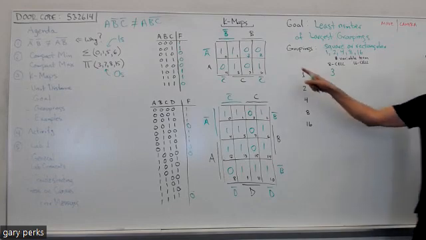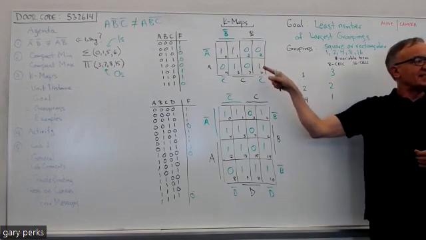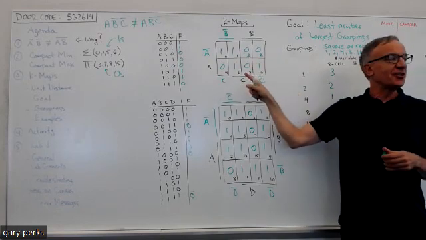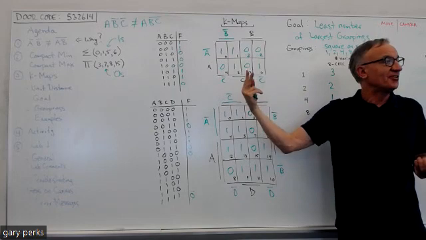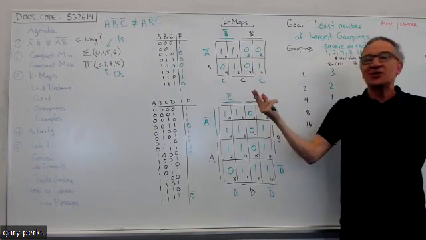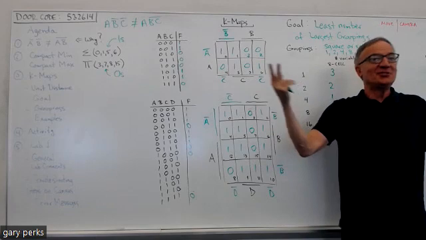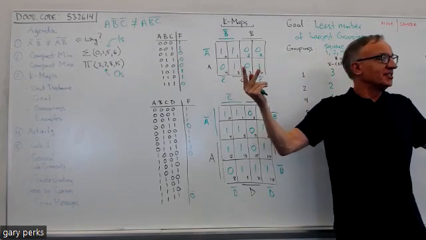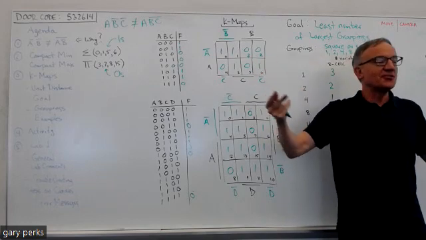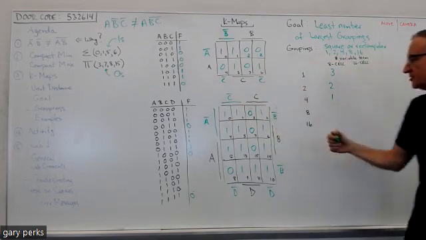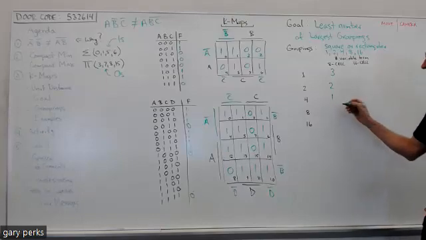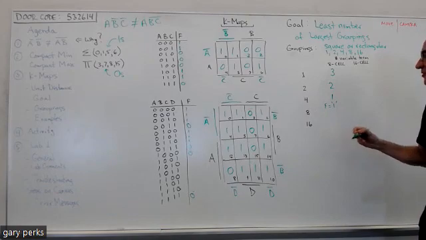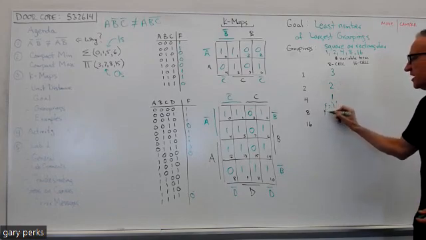If you do a group of 8, when you have an 8-cell map, that means either all cells are 1 or all cells are 0. And remember, what goes in the cell is the output value. If you have all 1s, that means the output's always 1, so F would just equal 1. And if all your cells were 0, your output would always be 0 and F would just equal 0.